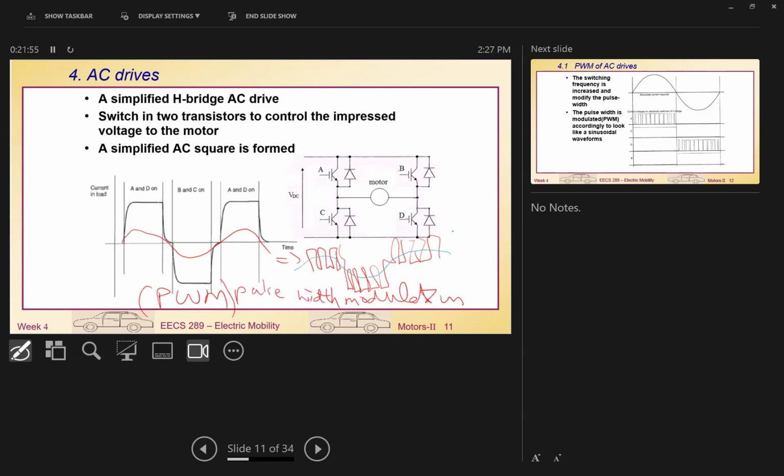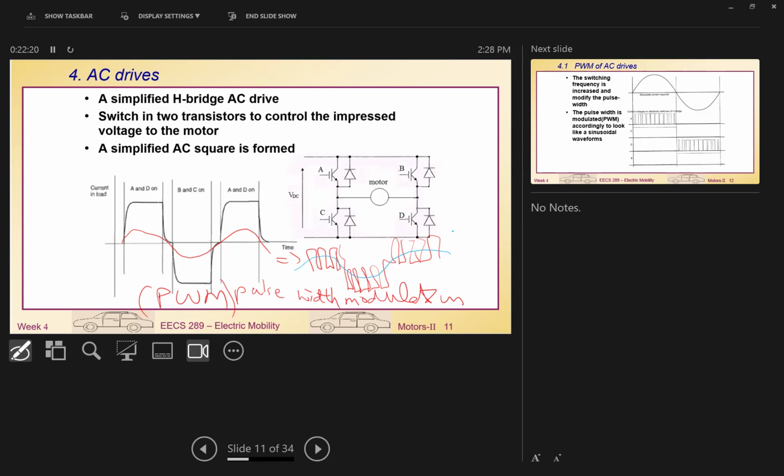That's how we use PWM to generate a sine wave. So although this motor is called an AC motor, we can actually use a sine wave to excite the motor. But for an EV, we don't have any AC source. We only have a DC source. So from the DC source, we use PWM to make a pulse pattern close to a sine wave.